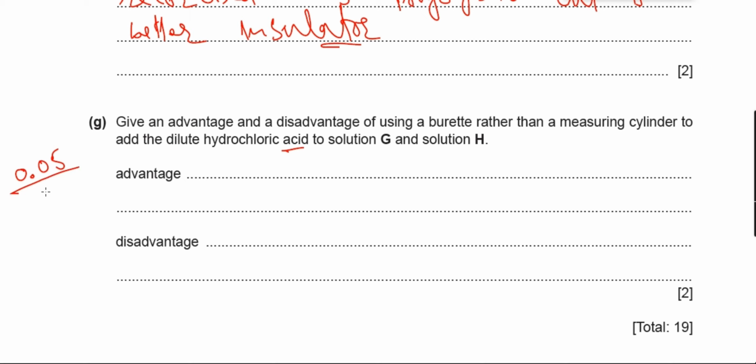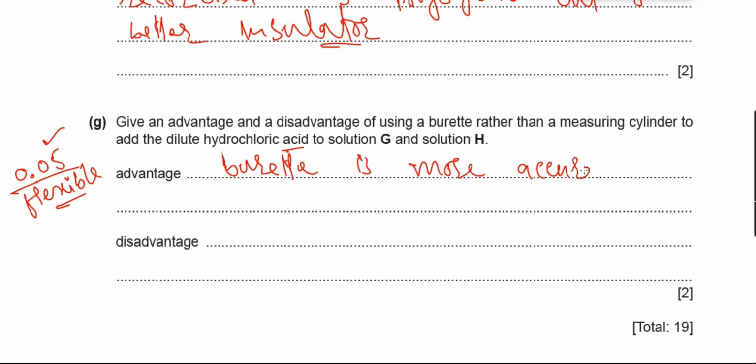Second, I also mentioned that it is flexible. So these are the two advantages. So you can write any one. But the better one is that burette is more accurate than measuring cylinder.